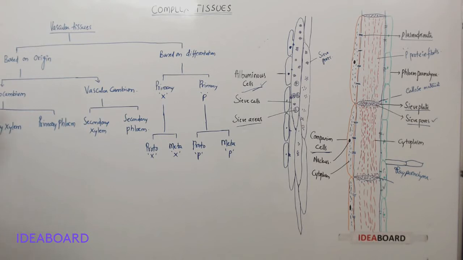Based on origin, when the xylem and phloem are derived from the procambium of the apical meristem, then they are called primary xylem and primary phloem. I hope you are understanding this point.